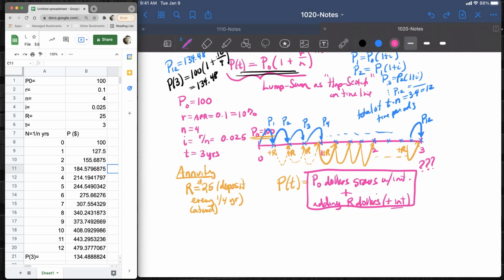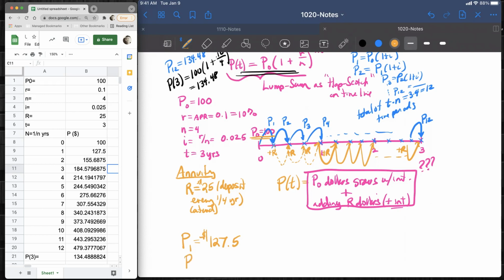Okay, I'm sorry, I should be doing this in orange. If we're getting different values, the ones in orange, P1, is the $100 growing, right? And then we are adding in the $127.5. So we added in the 25.